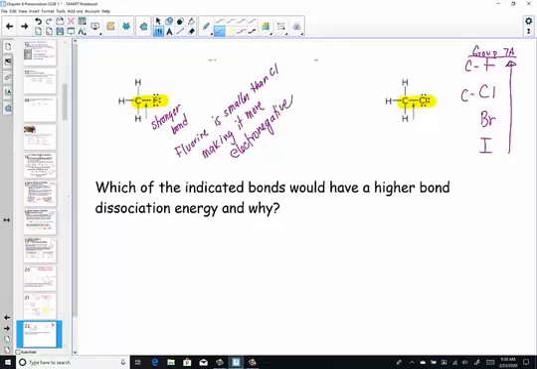So which one has a higher bond dissociation energy? The CF. And our reason? Well, because fluorine is a smaller atom than chlorine, making it more electronegative. So ultimately your answer is, well, that's the stronger bond. It's higher up as a smaller atom.